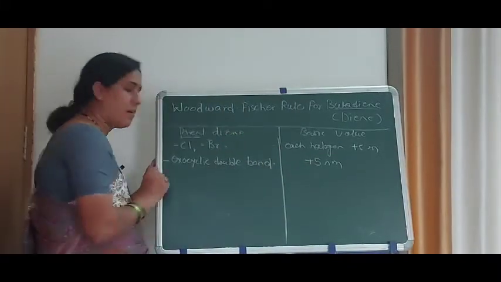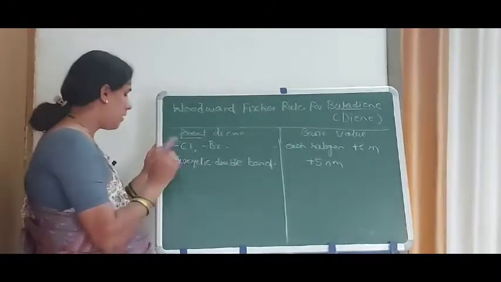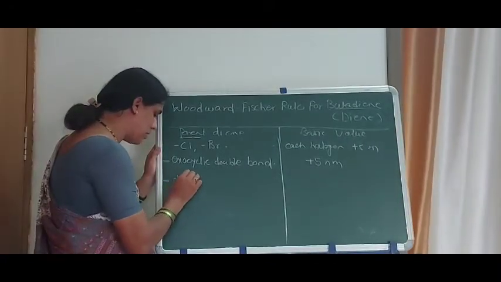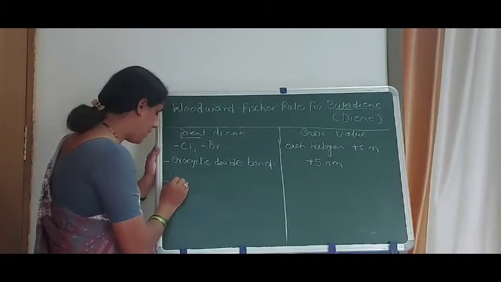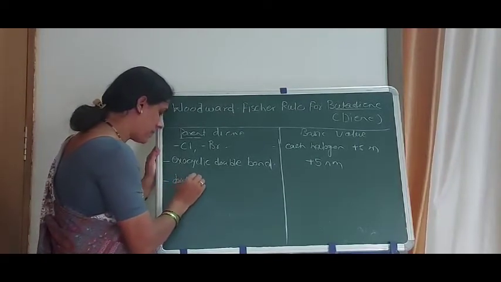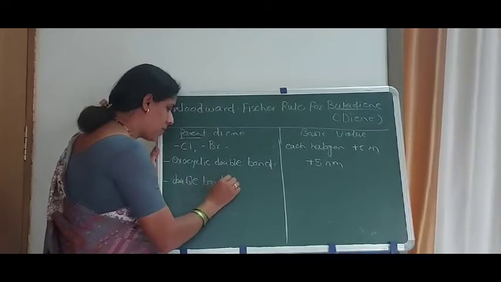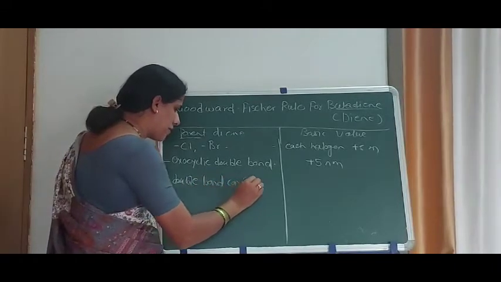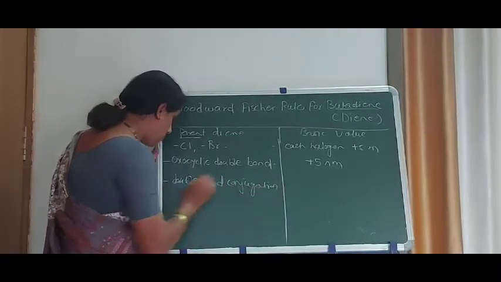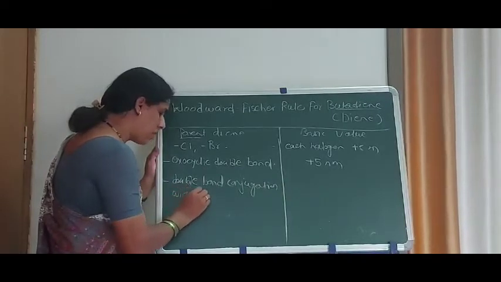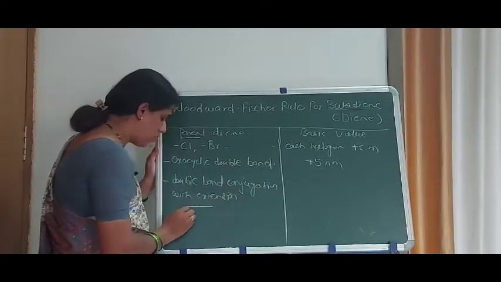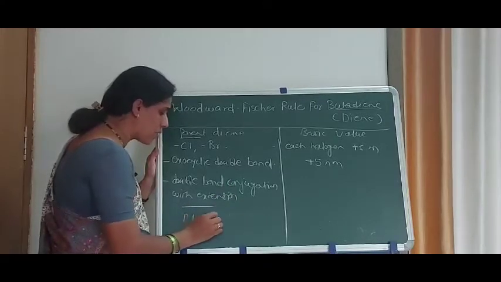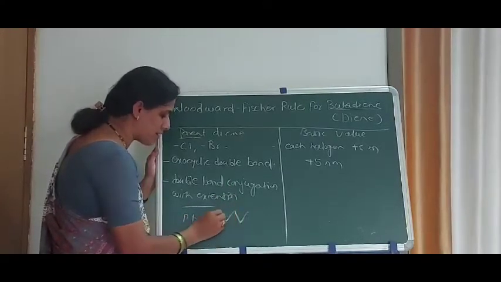If the parent butadiene has a double bond conjugation with extension, that is, beyond your parent butadiene there is also a conjugation like this.